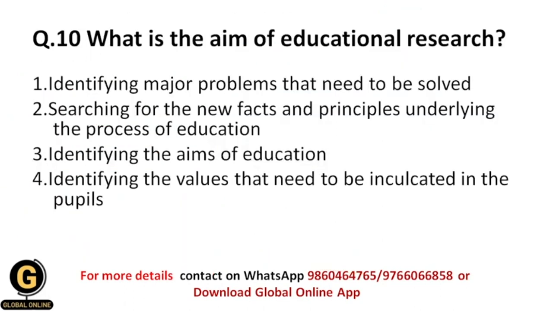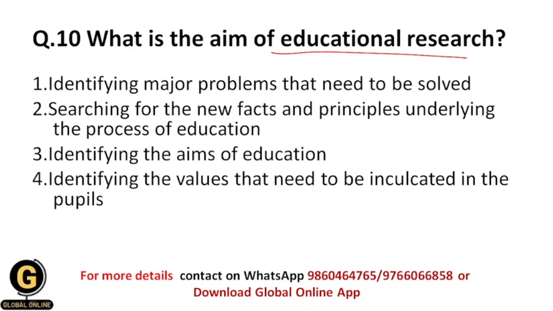What is the main aim of educational research? There are lots of research types, and in further videos we are going to see them. Whenever we are dealing with educational research, what is the aim of that research?